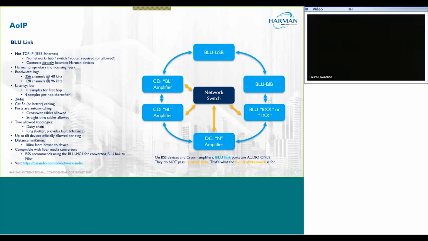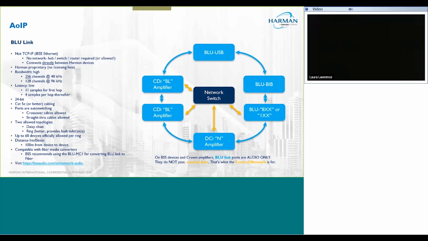It could be BLU Link, it could be CobraNet, it could be Dante, it could be ABB. But just keep in mind, in a rack full of gear, you might have 10 pieces of equipment. So you're talking about still less than 1 millisecond of latency total for 10 hops.